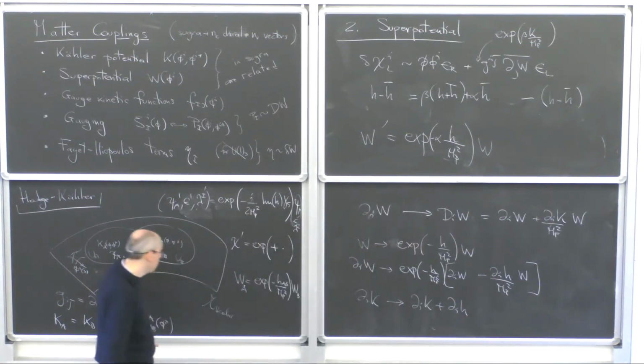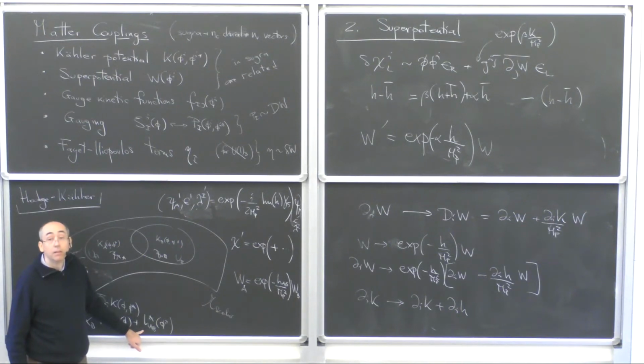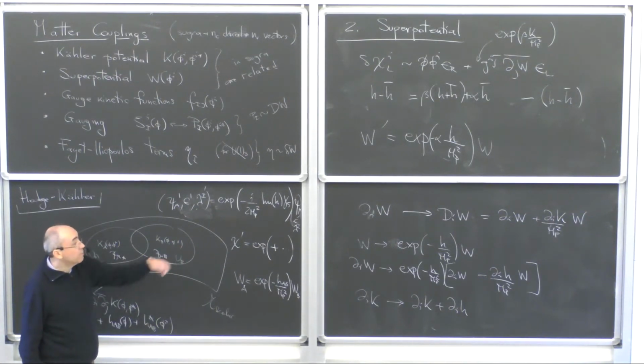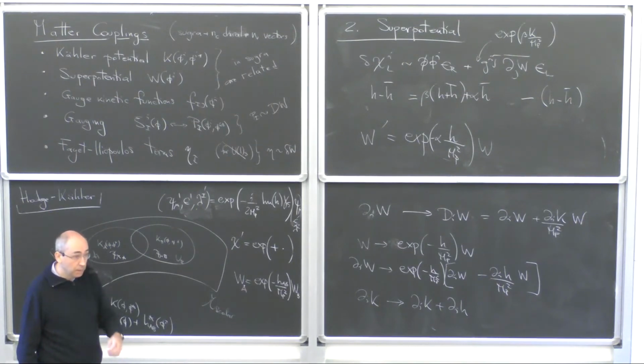The derivative on h bar goes away. So this becomes covariant. Okay?